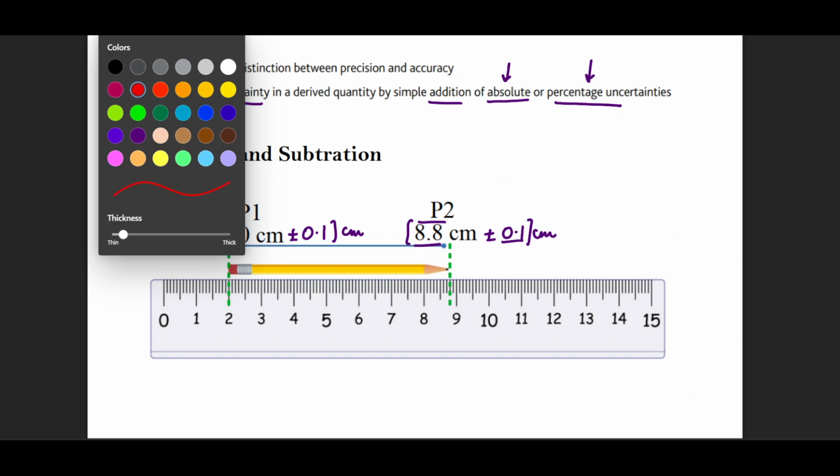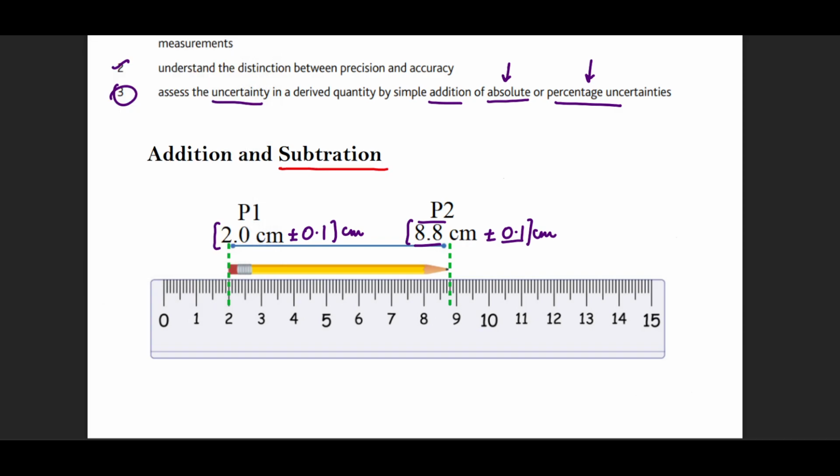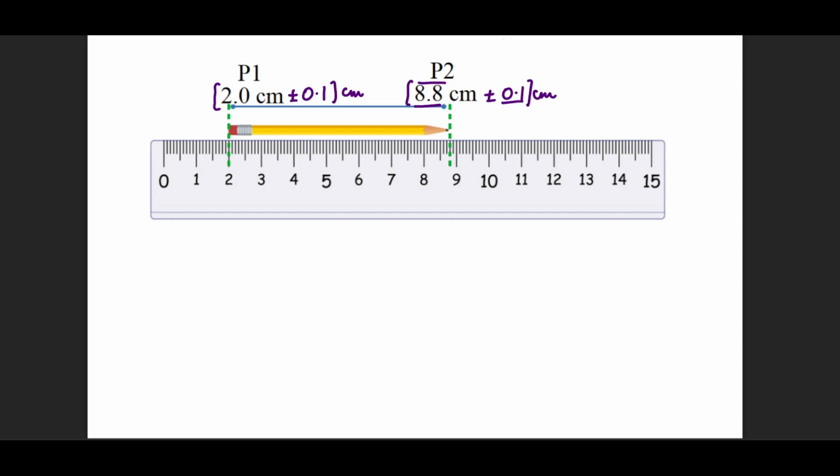So first, let's look at subtraction. What do we mean by subtraction? It's possible that there is a function of, let's say, speed, distance, time, any formula in physics that requires you to subtract 2 values. Take this example as well. If you want to find the length of this lead pencil, the length will be calculated by subtracting P2 from P1.